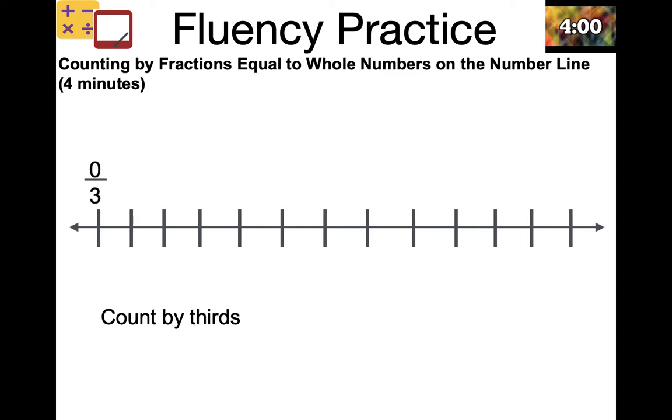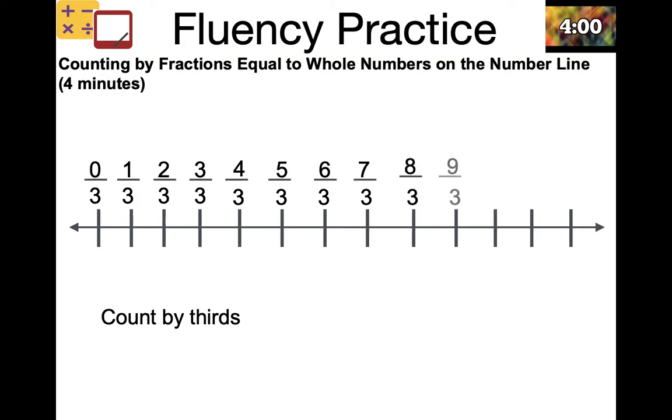So we label the first one as 0 thirds, 1 third, 2 thirds, 3 thirds, 4 thirds, 5 thirds, 6 thirds, 7 thirds, 8 thirds, 9 thirds, 10 thirds, 11 thirds, and 12 thirds.